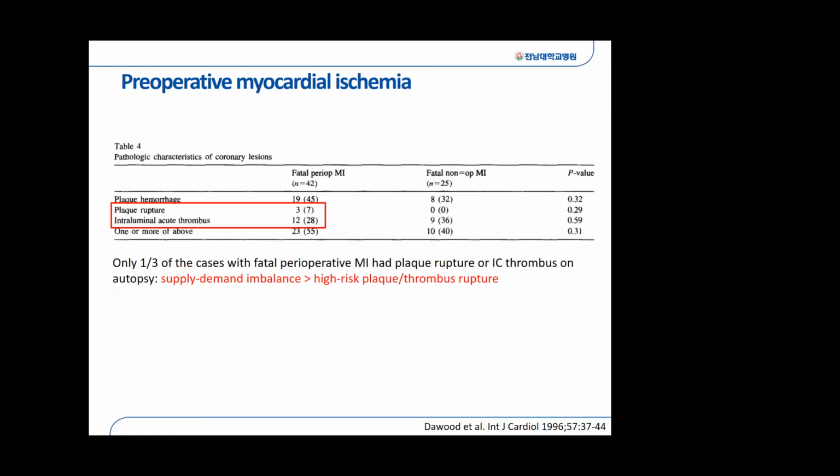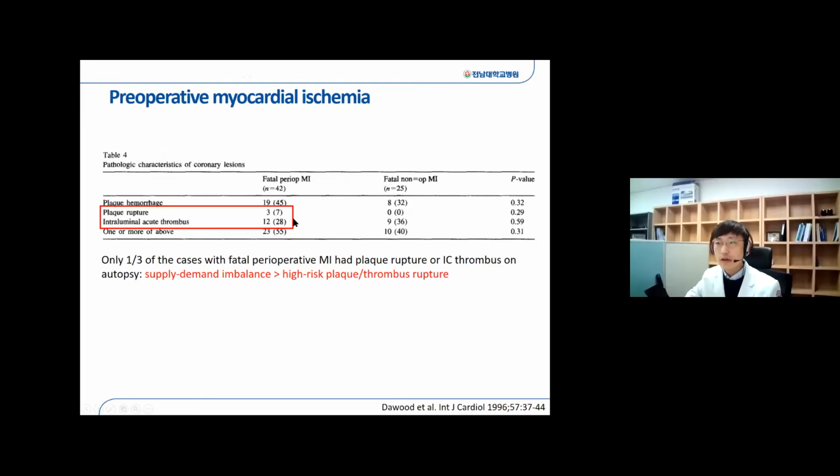In this pathologic characteristic table, the autopsy of fatal perioperative MI patients showed that plaque rupture or acute thrombus was only 35% of all cases, so we have to focus on the supply-demand imbalance and the cardiac complications following sympathetic nervous system stimulation by the surgery and anesthesia.